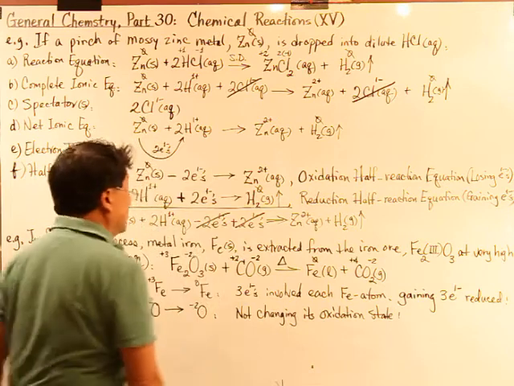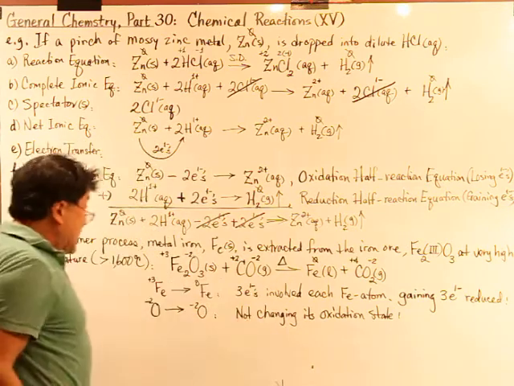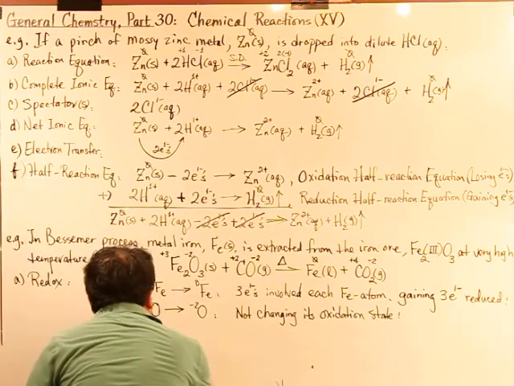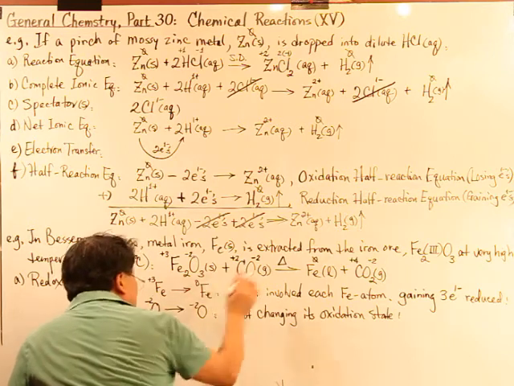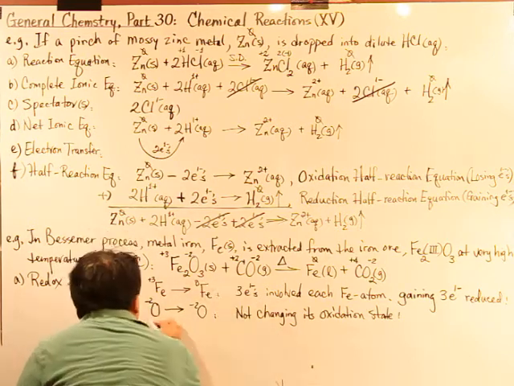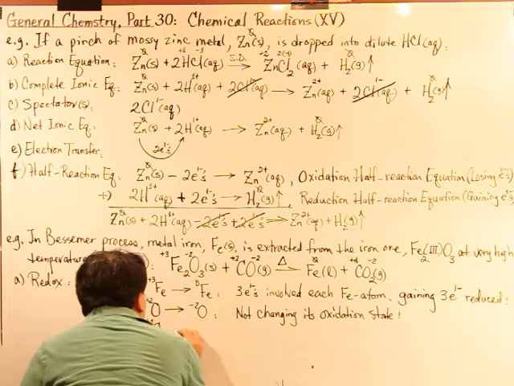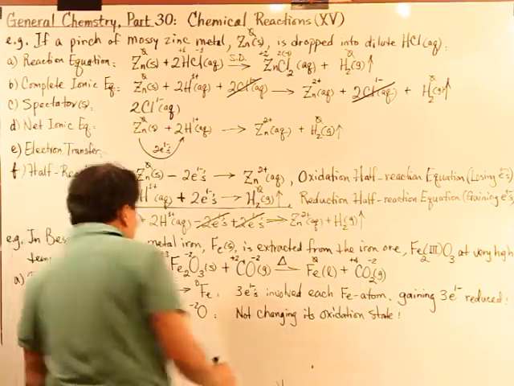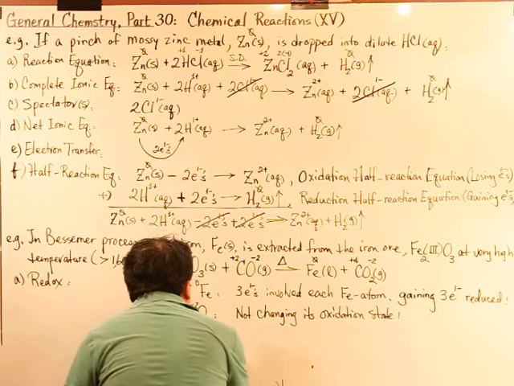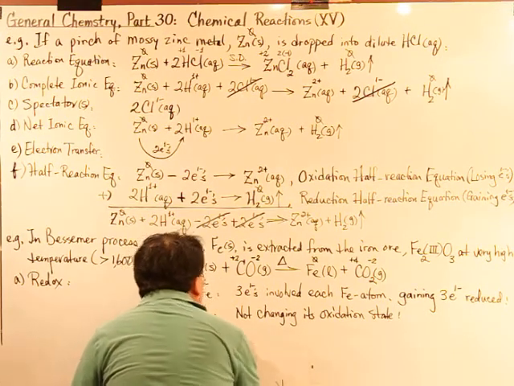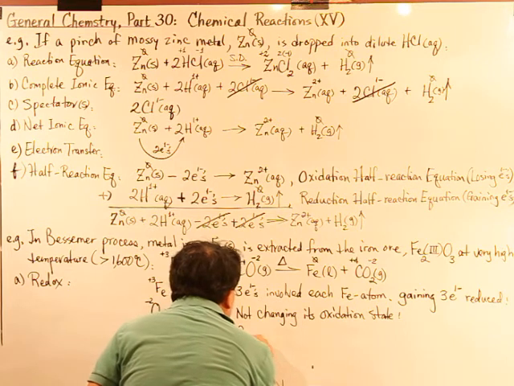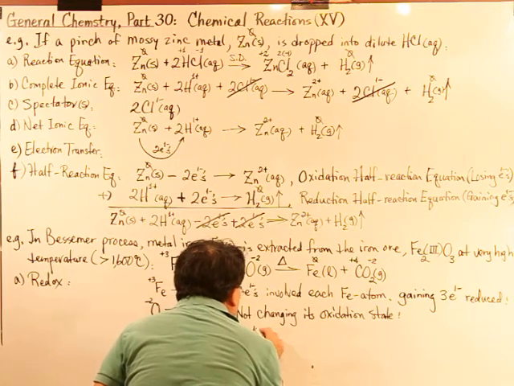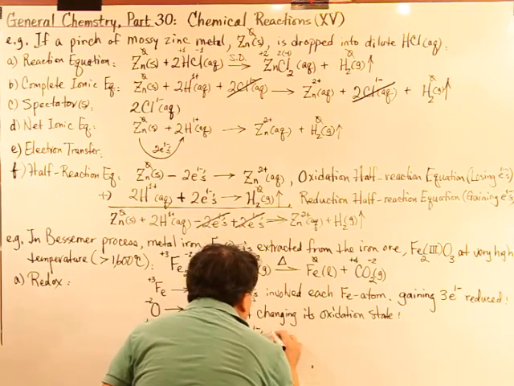Now the last one is carbon. The carbon starts from +2, and on the other end, as a product, it is +4. So 2 electrons are involved.